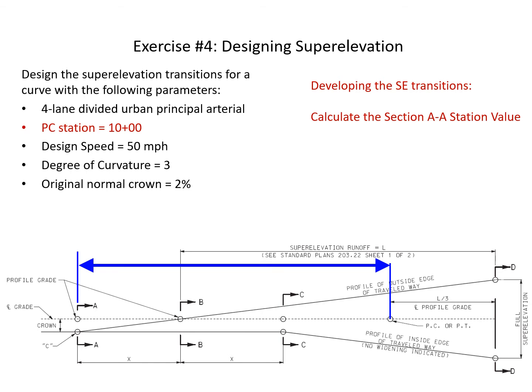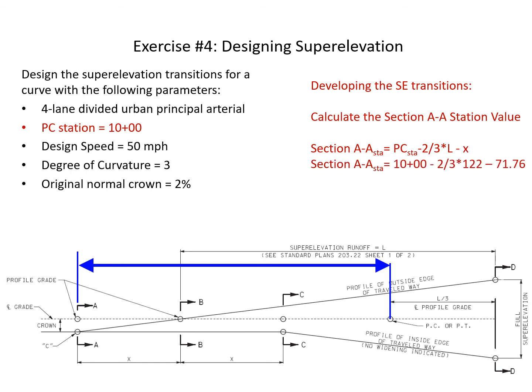So we know the PC, the point of curve, and so we're going to go that distance indicated by the blue arrow. To do that, our section AA station will equal the PC station minus 2/3 L minus X, which we just calculated.